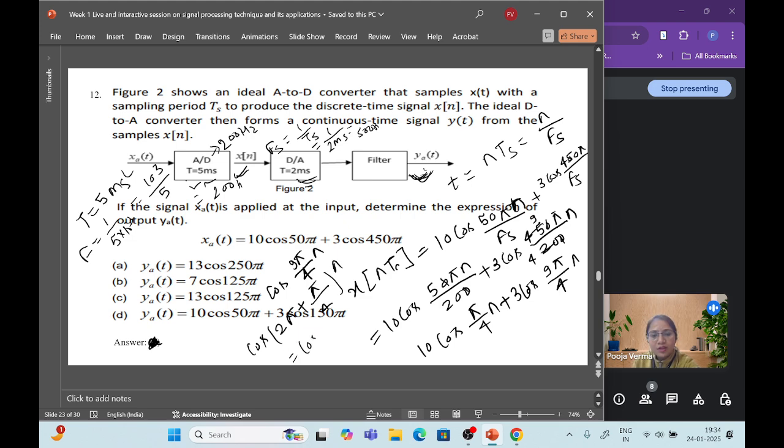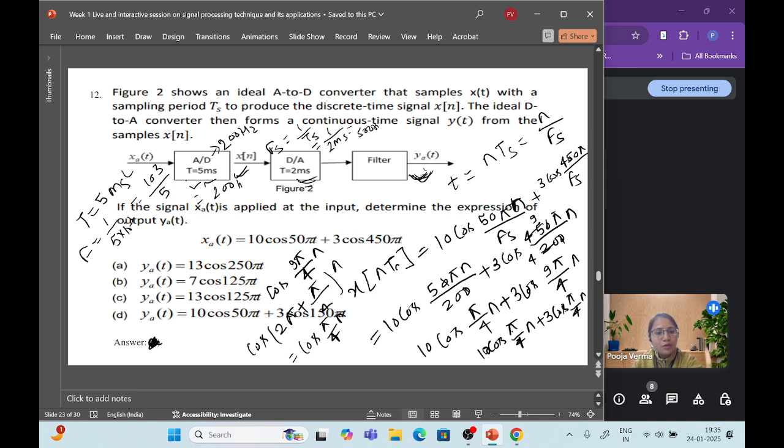If you convert it, what will we get? Pi by 4, and 2 pi plus theta. Cos of 2 pi plus theta is equal to cos theta, right? So from here we can write 10 cos pi by 4 n plus 3 cos pi by 4 n. We can write it like this, right?